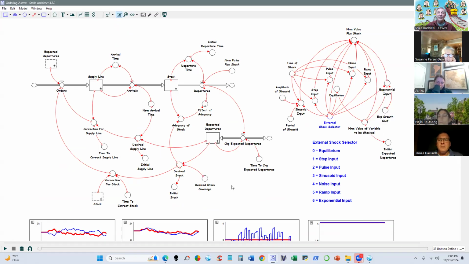Wait, is the departure time variable the one that's the average residence time of a unit in this stock? But you labeled it departure time instead of average residence time. Am I getting hung up on the label rather than the equation? Yes, you can call it anything you want. And actually you can compare this to this. So you can also call it stock coverage and desired stock coverage.